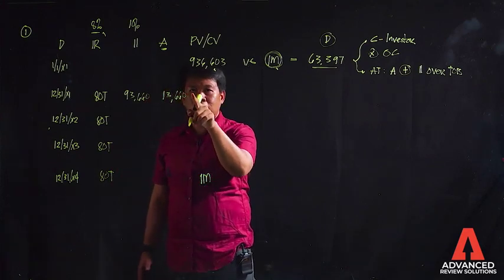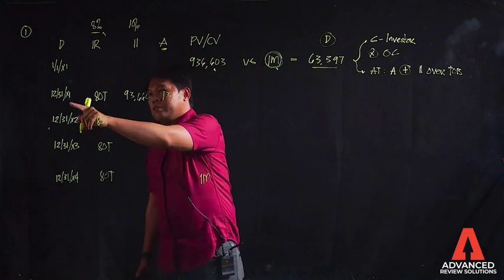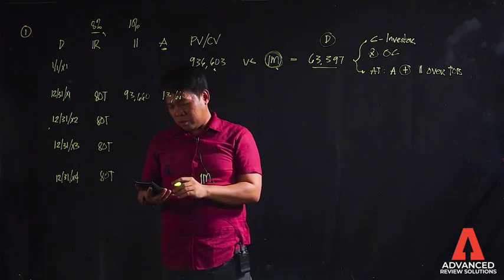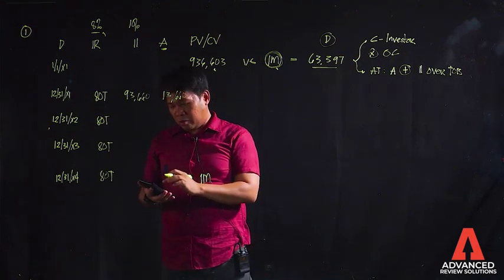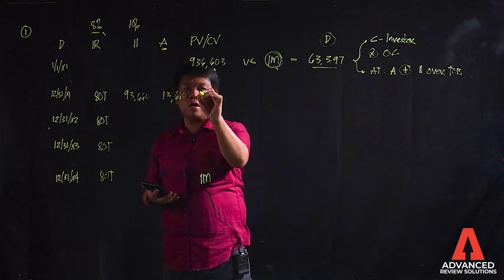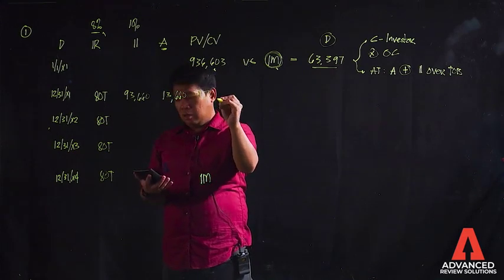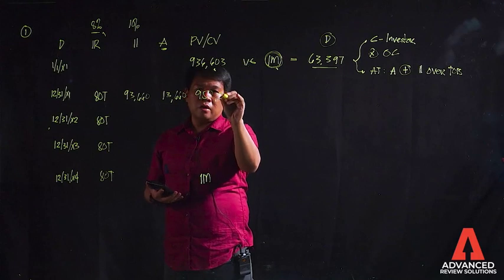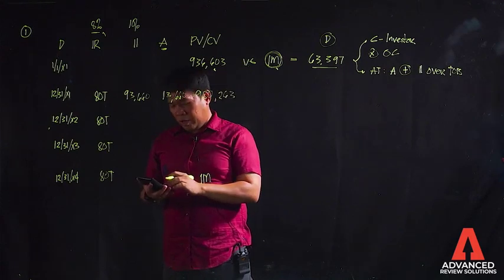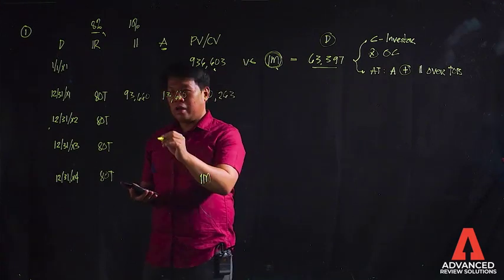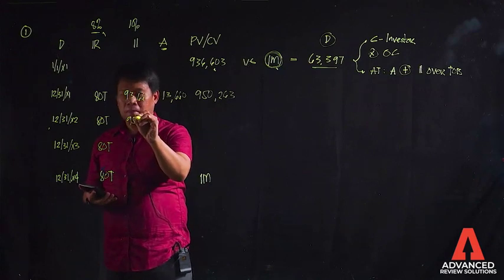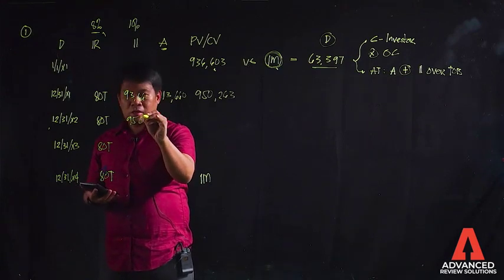Okay, so here now, what you will compute is the carrying value on December 31, 20X1. So, M plus, recall, this is 950,263 rounded off. Times 10%, so this is 95,026 rounded off.